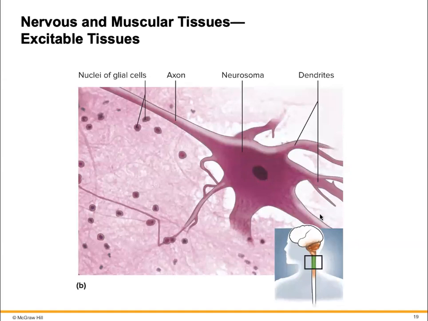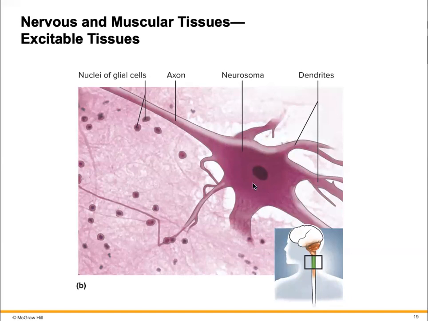But the signals get received by all of these branches that are coming off of the neurosoma, referred to as dendrites. The dendrites receive the stimulus, and then they propagate that signal down a single essential extension that goes to the next cell that it's trying to communicate with. And that extension that sends the signal to the next cell is the axon.